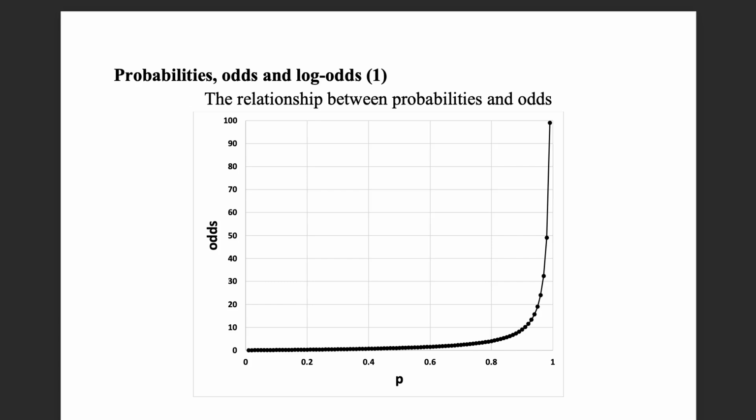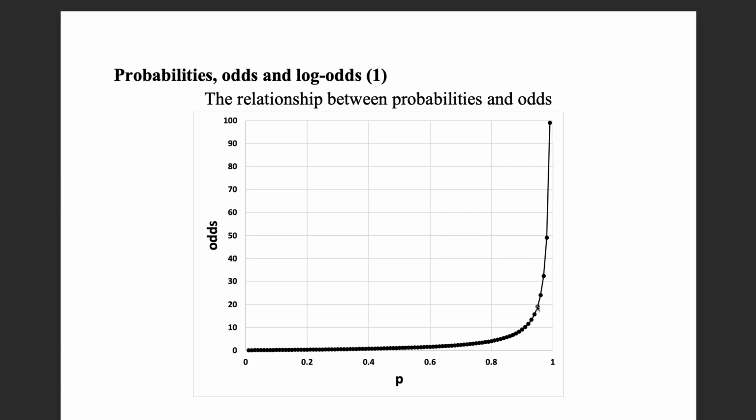And you see here that the relationship between probabilities and odds is a monotonic relationship. As the probability goes up, the odds also go up. But you also see that the relationship looks like an exponential type of relationship, where as the probability increases, the odds go up a little at first and then ever more and ever faster. So here you can nicely see how probabilities run from 0 to 1 and the corresponding odds grow along with that.